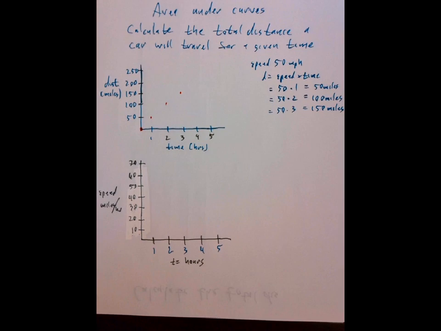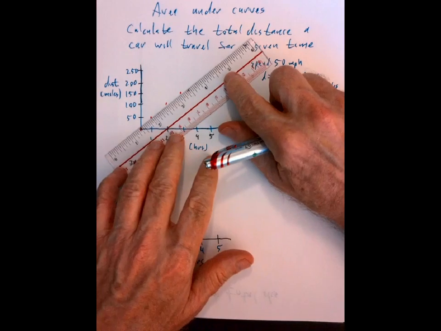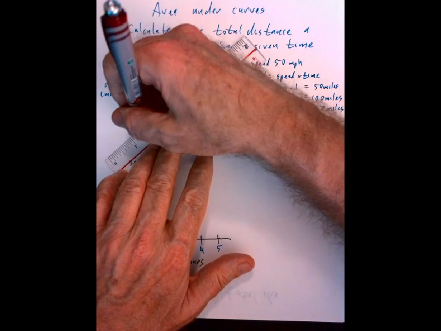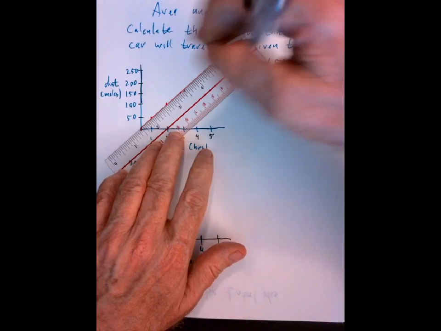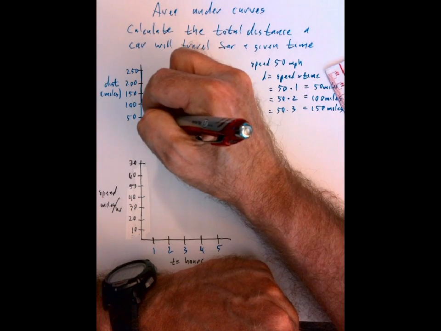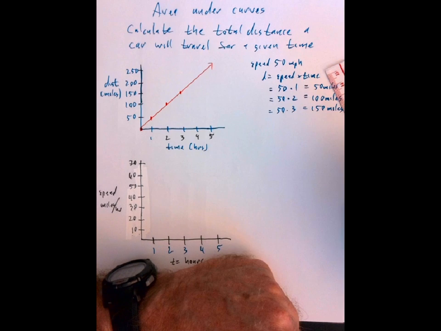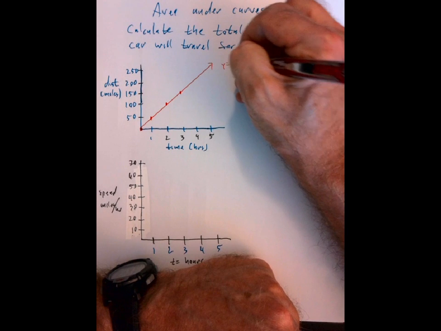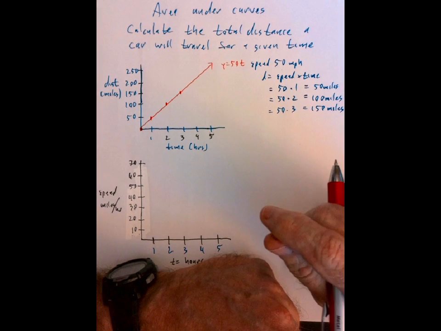And we could just draw a straight line through those dots, right? And that's a graph of the function which calculates the distance for any given time, given that the speed is 50 miles an hour. And that function is y equals 50t, right?